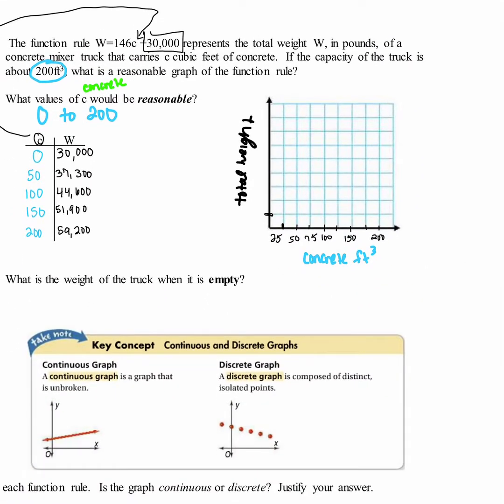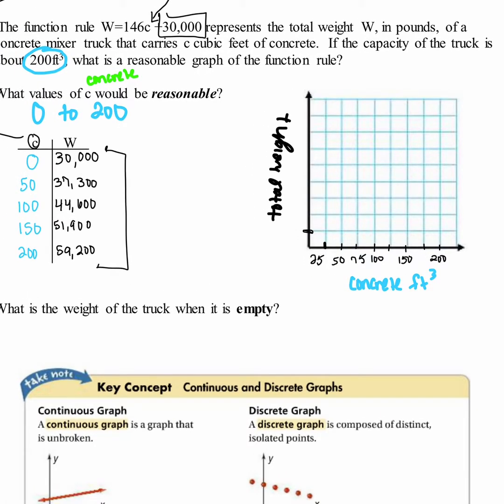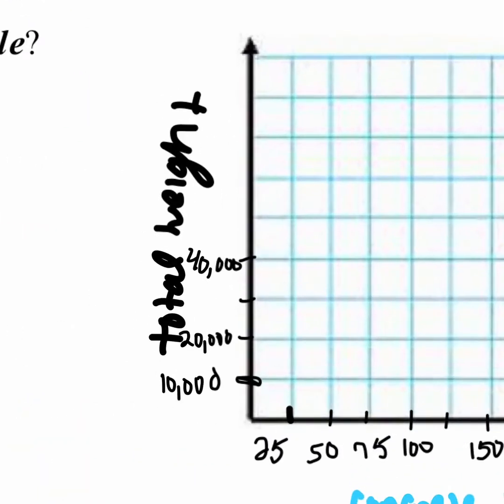The reason I'm getting that is because my first is going to be 30,000. I don't want to go up by 30,000 because that means all of those points, we'd be cramming them together. We want to spread it out some. So if I go up by 10,000, this is where you have to write kind of small here.